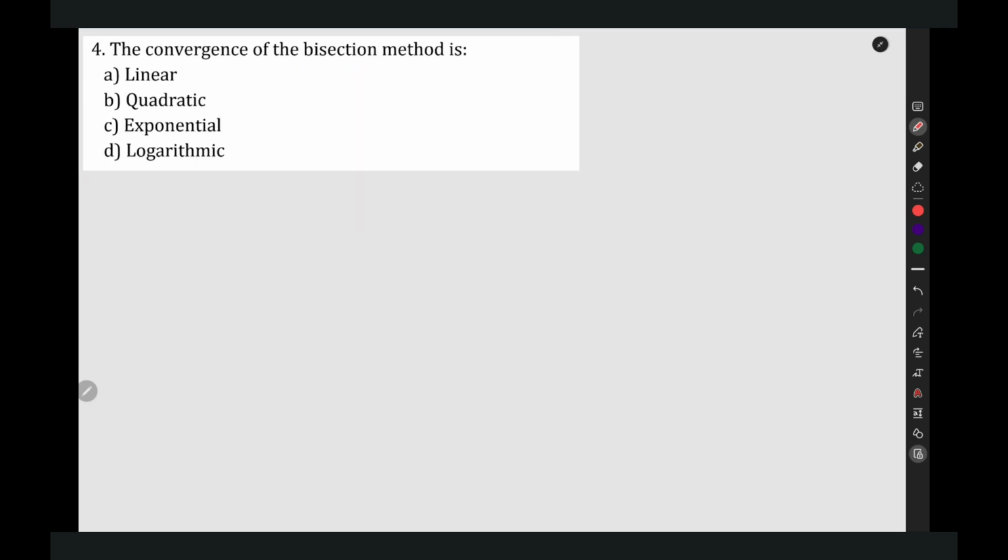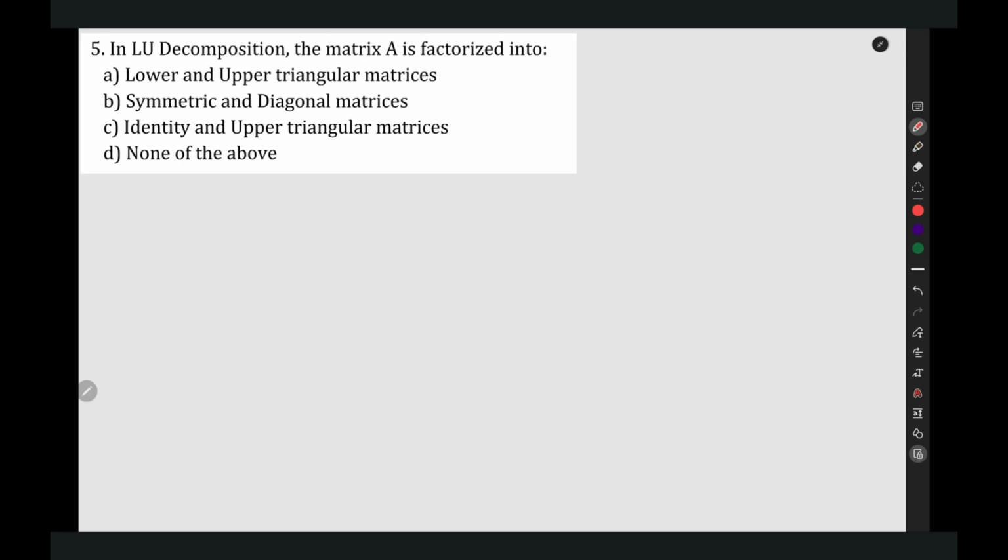The next question is, the convergence of the bisection method is linear, quadratic, exponential or logarithmic. So we have seen that the convergence of bisection is linear. That is, the approximation we have taken is a straight line with the slope constant. The next question is, in LU decomposition, the matrix is factorized into. There is a matrix given in the case of LU decomposition, so we have to factorize the matrix.